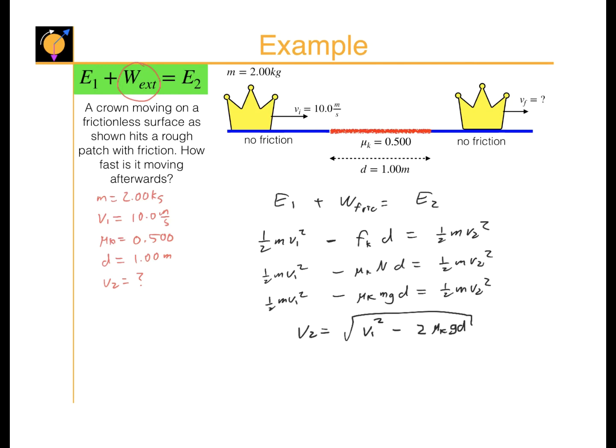I believe that's everything. And now we can calculate the final speed. When I plug in all my numbers, I get about 9.5 meters per second. So it's the same as conservation of energy, it's just that some of the energy is taken out of the system due to something like friction.